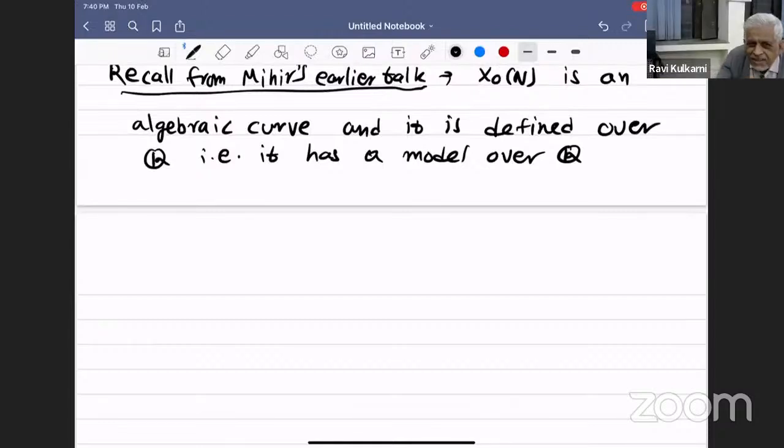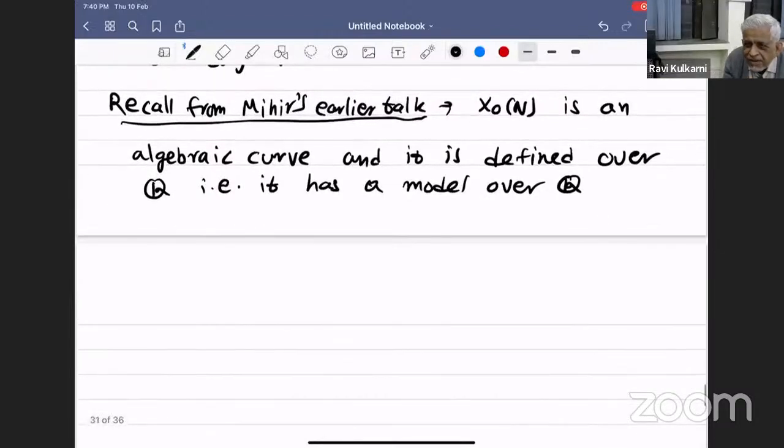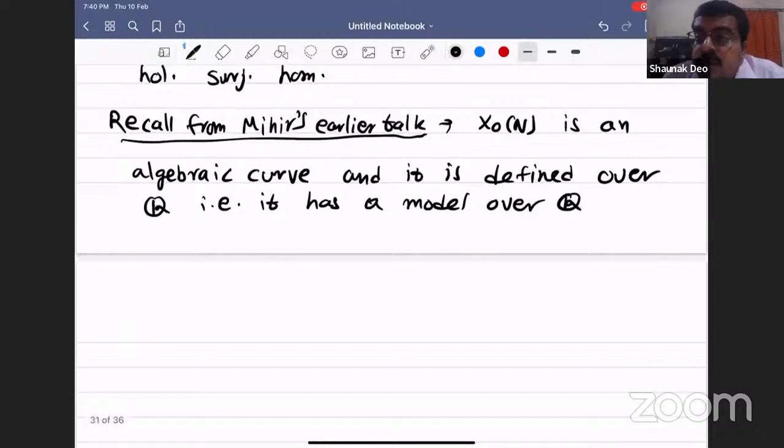I think this theorem is in Milne's book, if my memory serves me correctly. Yes, it is also there in Diamond and Shurman, I believe.